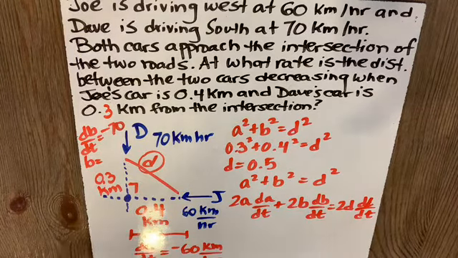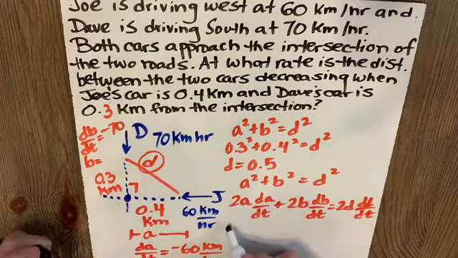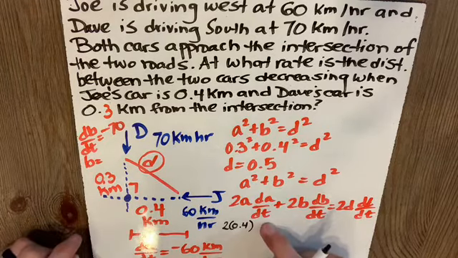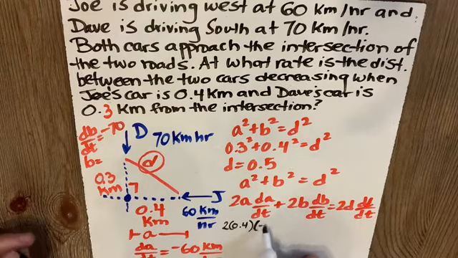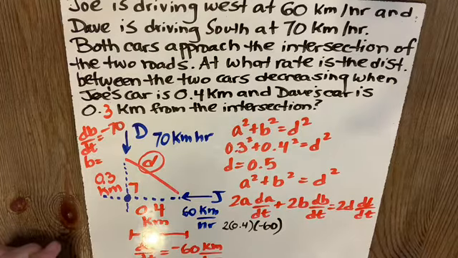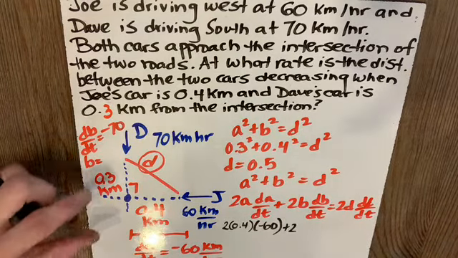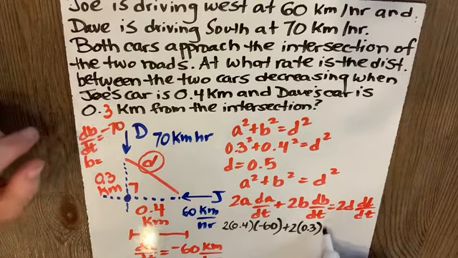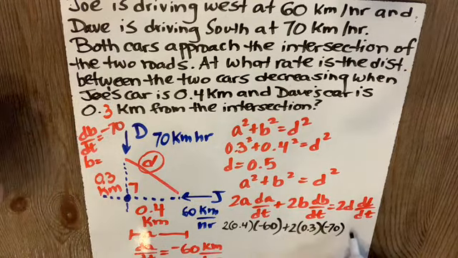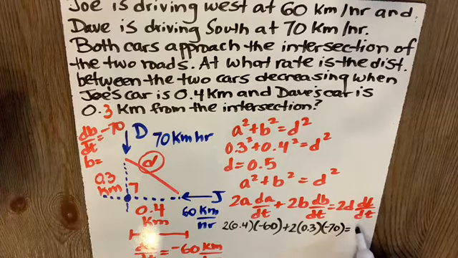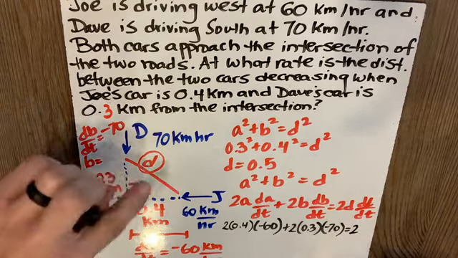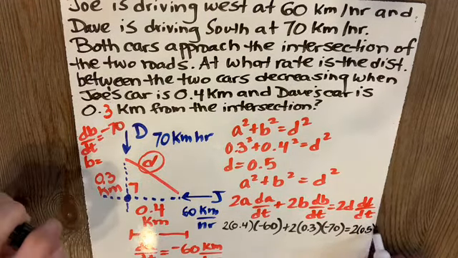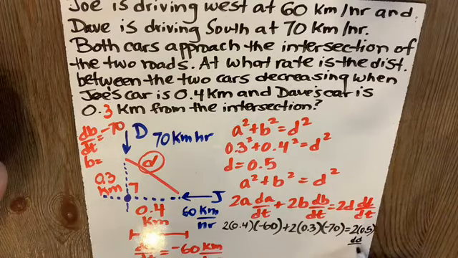I know that this distance A is 0.4, so 2 times 0.4 kilometers, and dA/dt is changing at negative 60 kilometers per hour, plus 2, and B was 0.3, that's the distance, and dB/dt was negative 70 kilometers per hour, is equal to 2, and at this moment, D, we figured out was 0.5 kilometers, 0.5 times dD/dt.